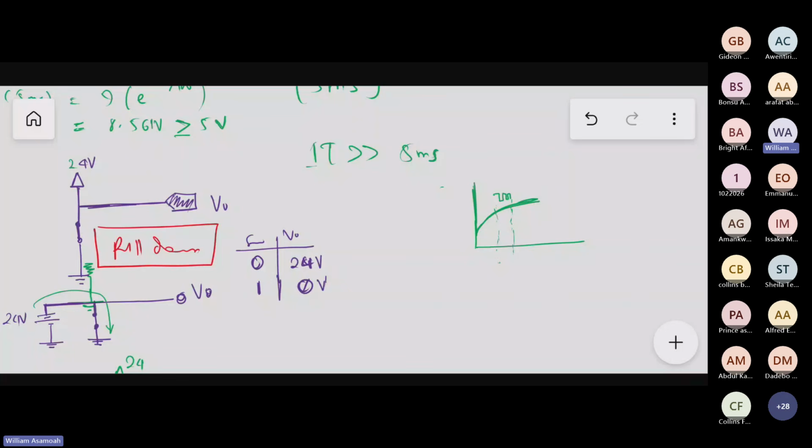Now question B was whether the PLC input stays above the 5 volt logic high threshold during the bounce. Great, so it does. Then C, the time for the capacitor to discharge to 1 volt. Every logic family has its own voltage thresholds. We call them logic levels.